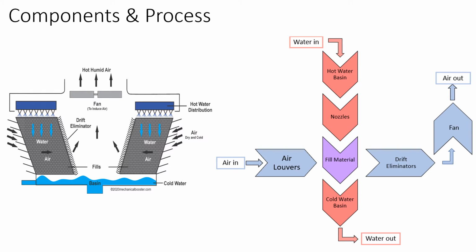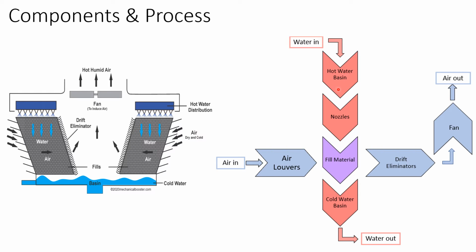The figure on the left shows the components of a cross-flow cooling tower. The figure on the right is a process diagram that shows the path of the air and the water. The air enters through the air louvers, which have a slope shape to prevent any debris or animals from entering the tower. The hot water enters through the hot water distribution deck, otherwise known as the hot water basin.